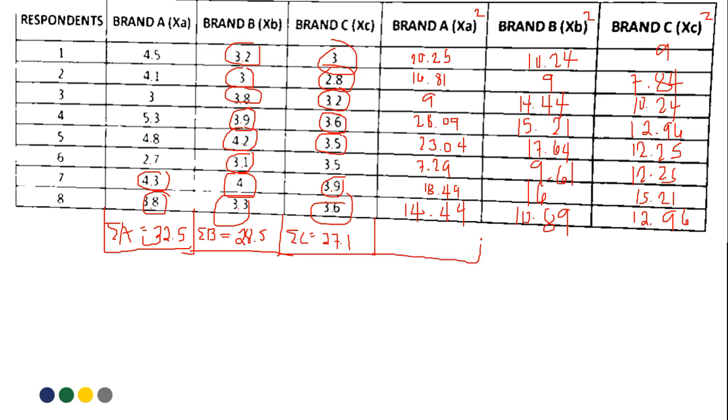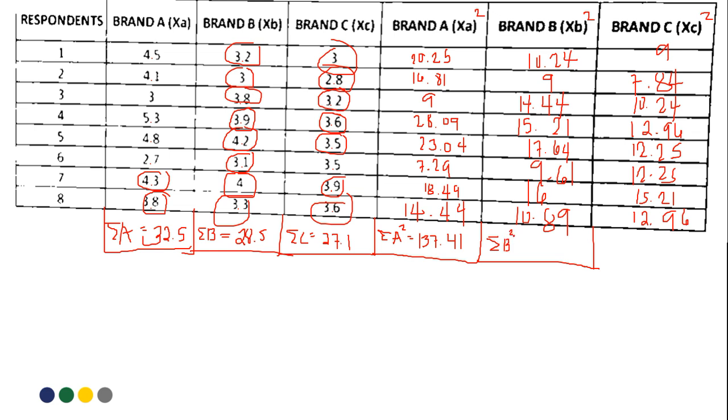Summation ng A squared: 137.41. Summation ng B squared: 103.03.